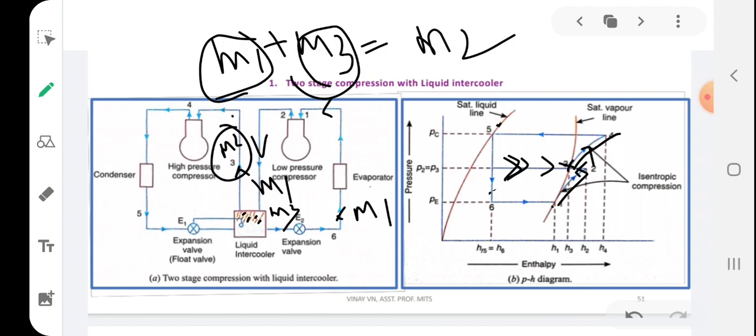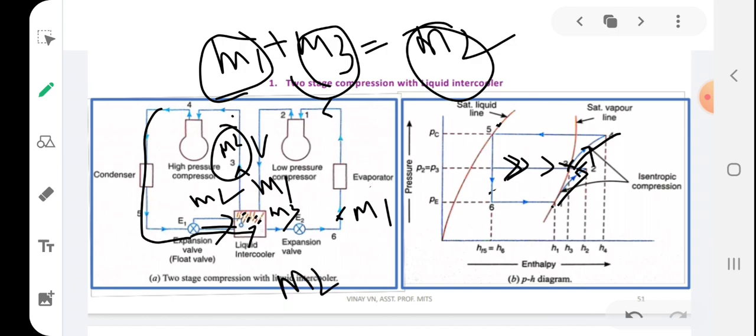This mass will pass through the high pressure compressor, and it will again pass through the condenser and then the expansion valve and reach the liquid intercooler. The mass entering the liquid intercooler will be m2, but m2 minus m3. So some m3 will be lost, right? This m3 is lost as evaporation, and m2 minus m3 will be what? m1.